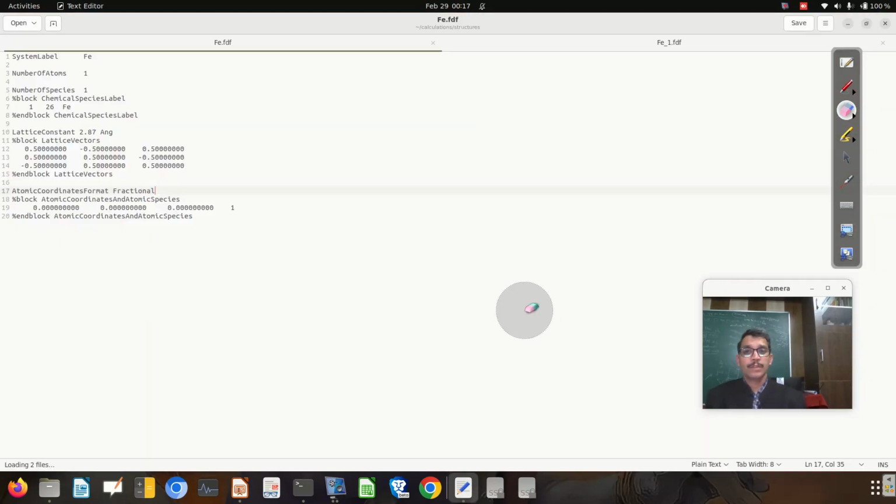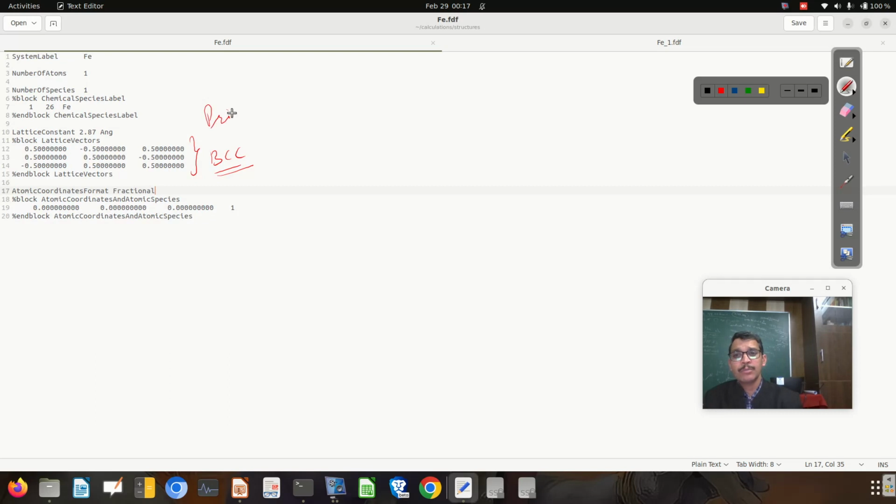Yeah, so if I try to look at, say, these are the lattice vectors for the BCC, that means these are the lattice vectors corresponding to the primitive cell I am considering, right?